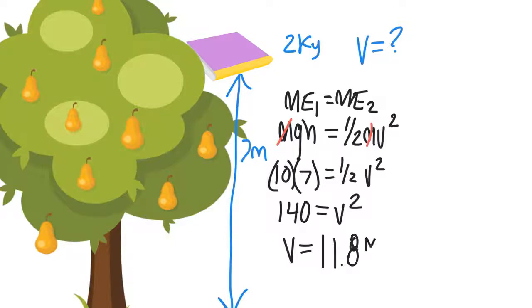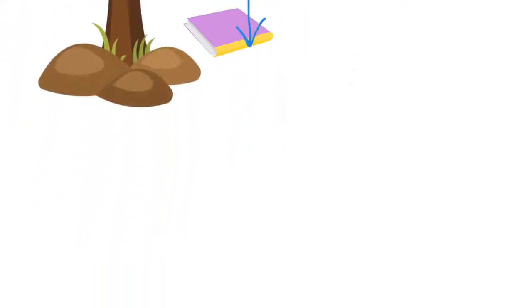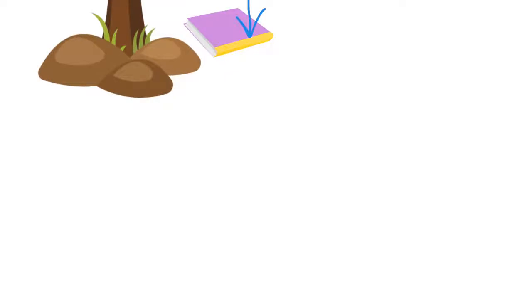And that results in a v of 11.8 meters per second. But let's say when you actually drop this book and it falls to the ground, you find that the velocity when it reaches the ground is only 8 meters per second.